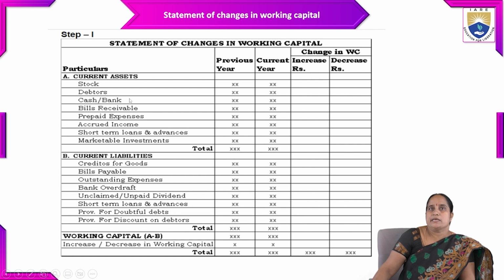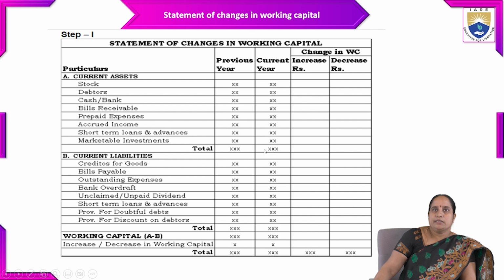Stock, debtors, cash in hand or cash at bank, bills receivable, prepaid expenses, accrued income, short-term loans and advances, marketable investment. Here we are going to compare two years of data, so based on that we can make out what kind of changes there are in working capital, whether there is an increase or decrease in working capital.